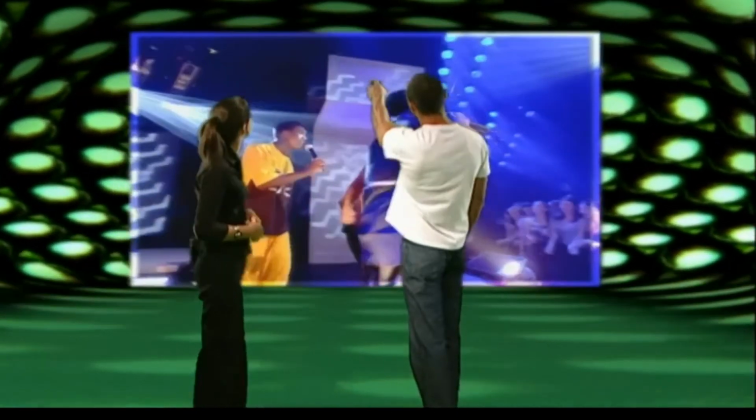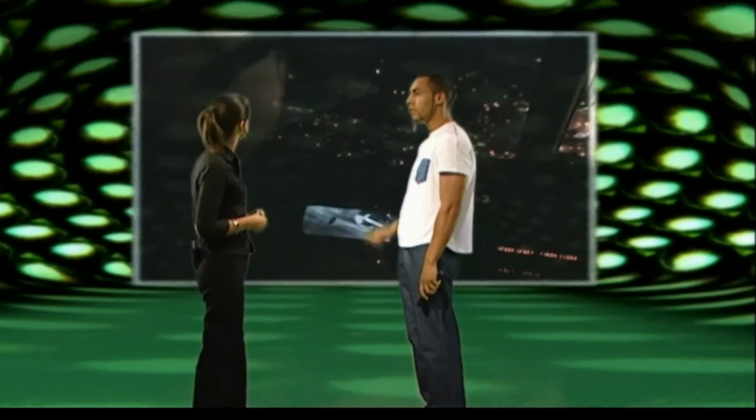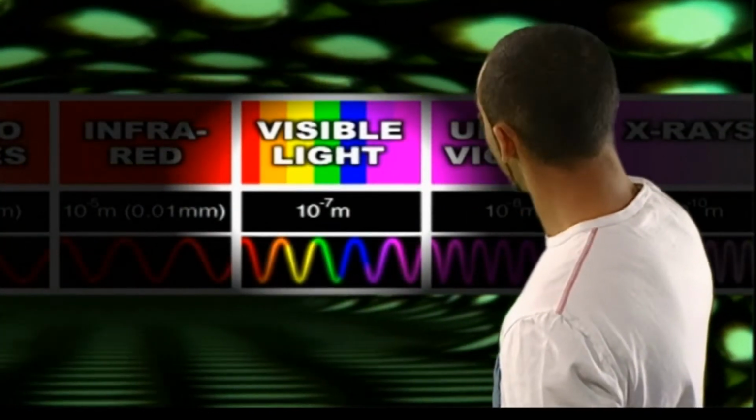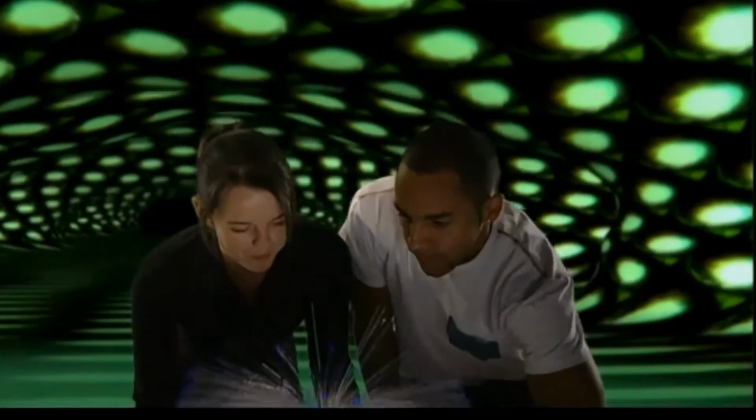And as for infrared, very useful. TV remote controls use infrared signals to change TV channels. And police use infrared night vision cameras in their helicopters. Visible light. We see things using visible light waves. True, but they're also used for sending information down an optical fibre.